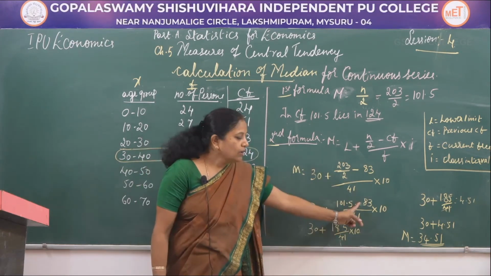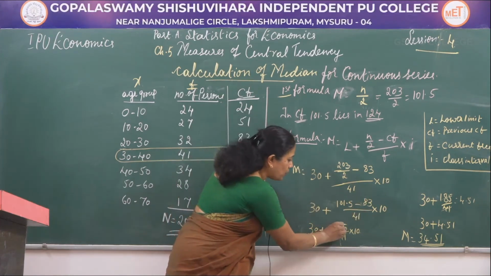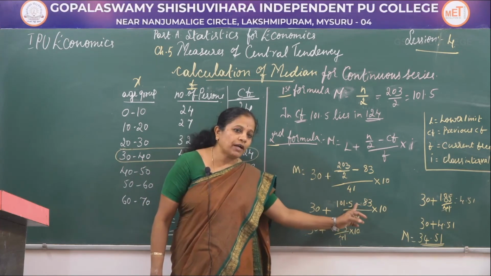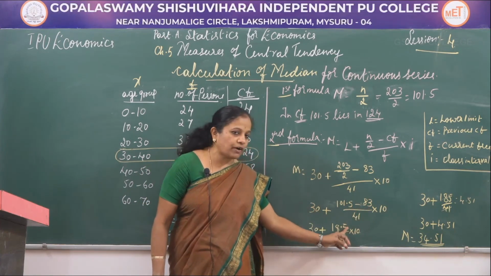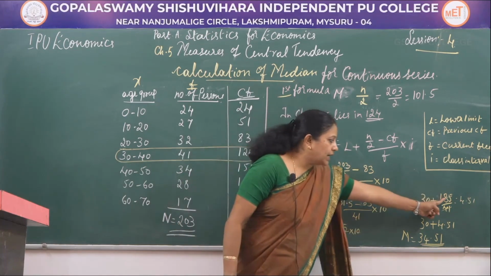So 30 plus, 101.5 minus 83 is 18.5. 18.5 multiplied by 10 is 185.